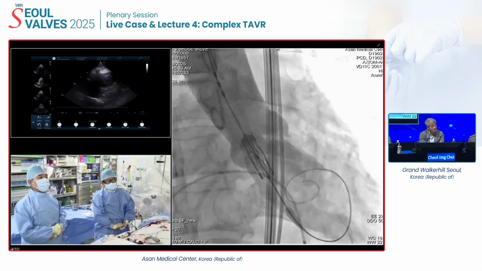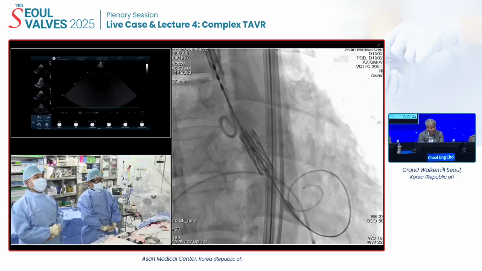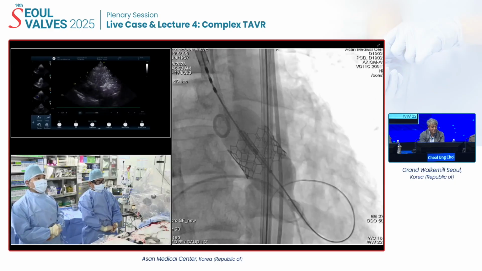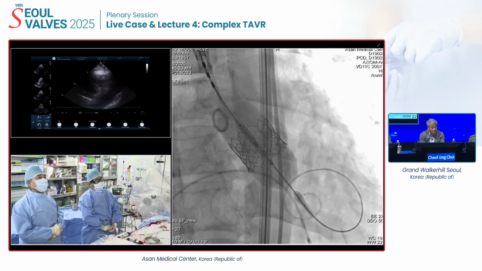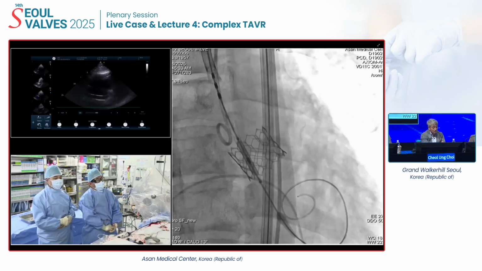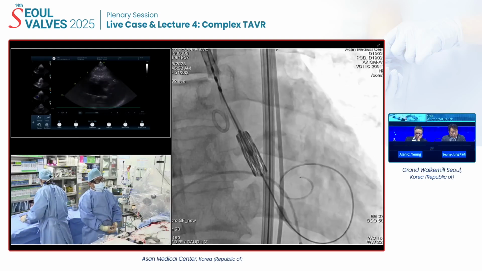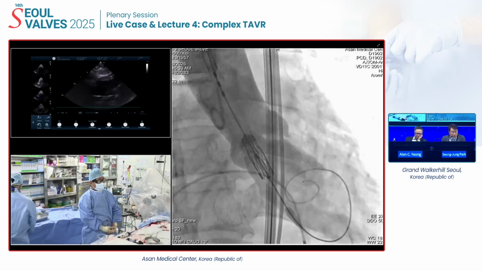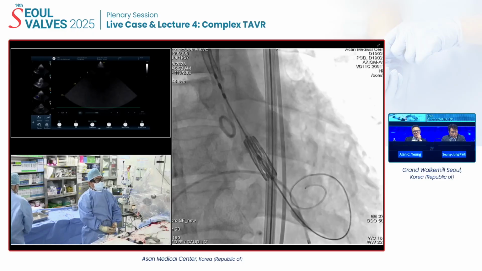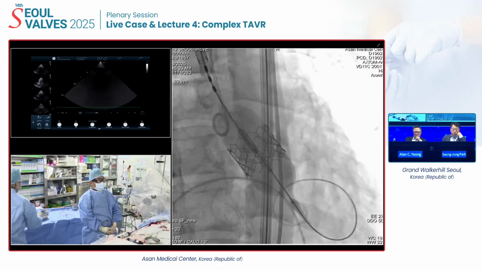Fortunately, I don't have experience of hemorrhagic anemia after Sapien 3 implantation. I couldn't explain why the PVL increased 6 months or 1 year after. But some patients experienced increased PVL after 1 or 2 years.